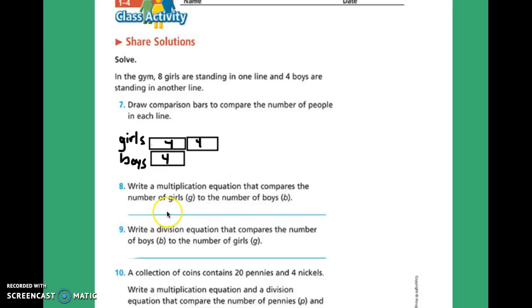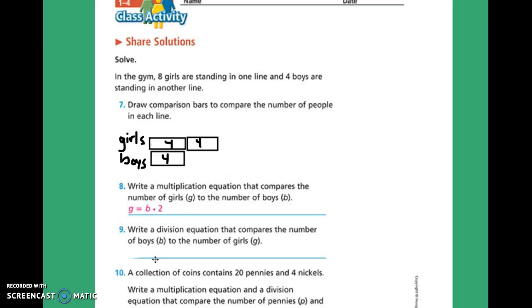All right, so if you came up with girls is equal to boys times 2, then you are right on, right? Because the girls, 8, is equal to boys. If I took 4 and multiplied it by 2, I'm going to end up with that total of 8. So G equals B times 2.